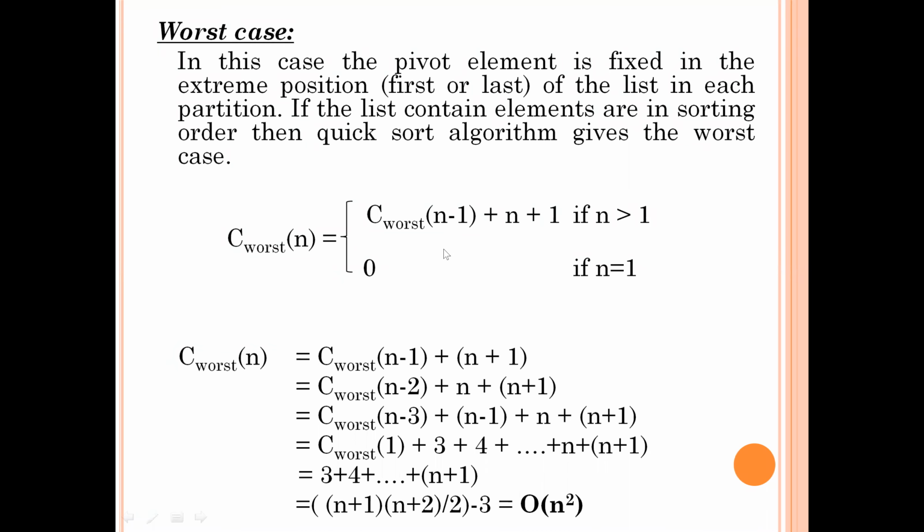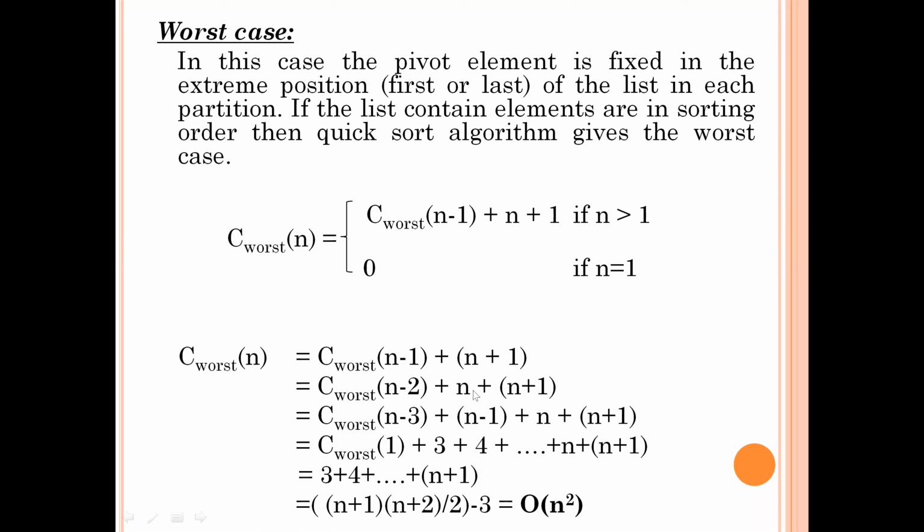Now again you do the same process. For n you substitute n minus 1, so it will become C n minus 2, since n minus 1 minus 1 means n minus 2, plus in this n place you have to give n minus 1. So n minus 1 plus n plus 1. Now you simplify that.